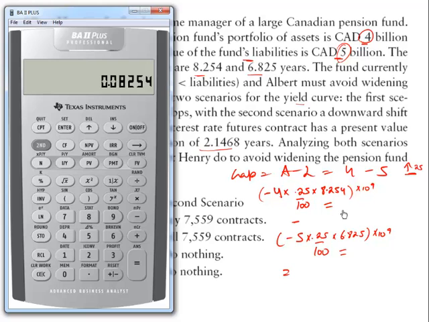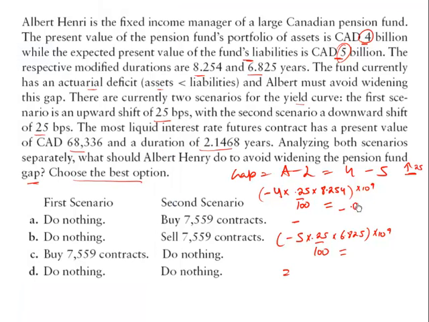So the assets fall by $0.08254 billion and liabilities fall by $0.08531 billion. So what we see is that if interest rates go up, the situation is beneficial to us as liabilities are falling more than the assets, and hence our gap will be reduced.